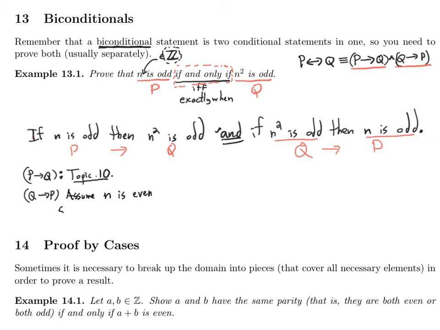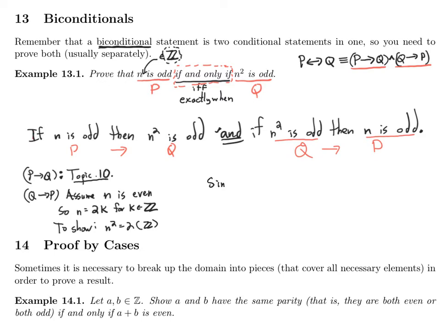So that means that n is 2 times some integer k. So I'll tell you that k is indeed an integer. All right, and we want to show that n squared is indeed 2 times some integer.